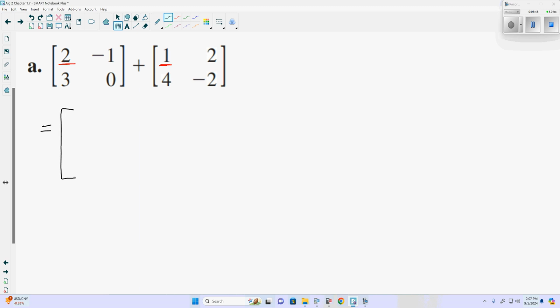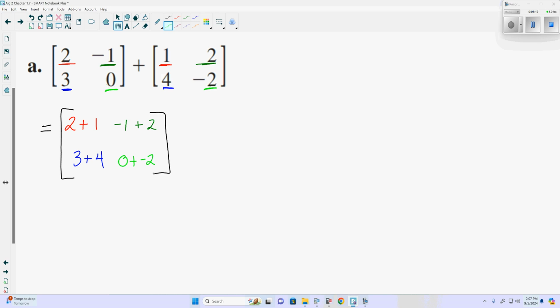So we can do 2 plus 1. Our negative 1 and this 2 correspond to each other, so we can add those two. Our next set of corresponding ones would be 3 and 4, so we'd add 3 and 4. And lastly, we would have 0 and negative 2.